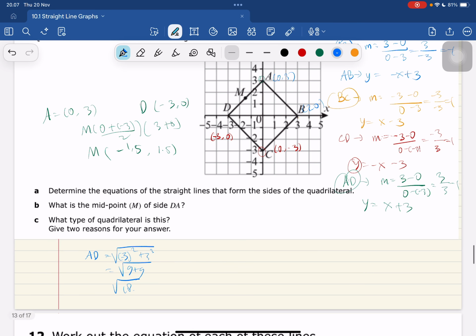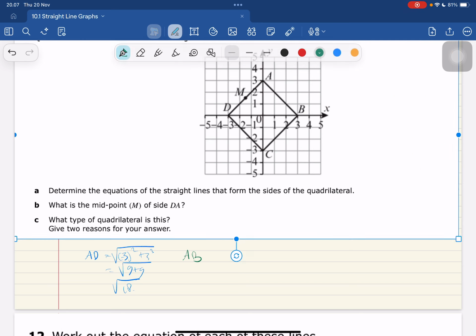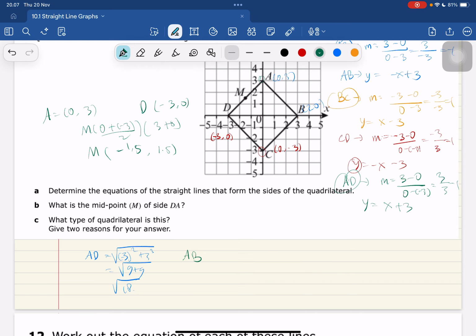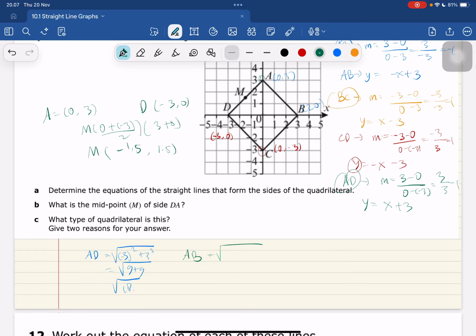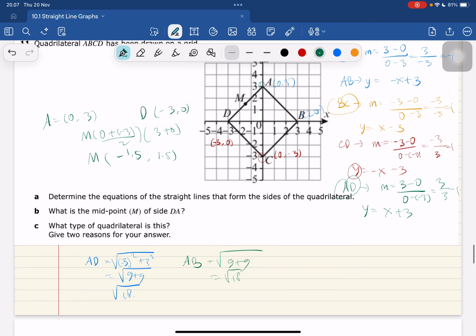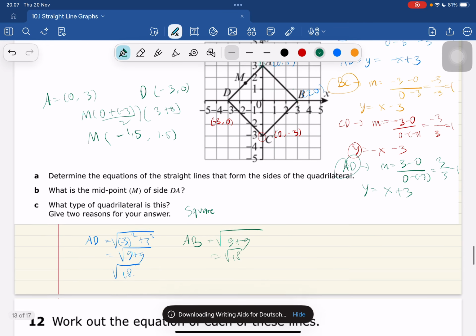Now let's find AB: the square root of the differences squared, 9 plus 9, square root of 18. So all of these lengths are square root of 18. So we can write it as a square because all sides are equal.